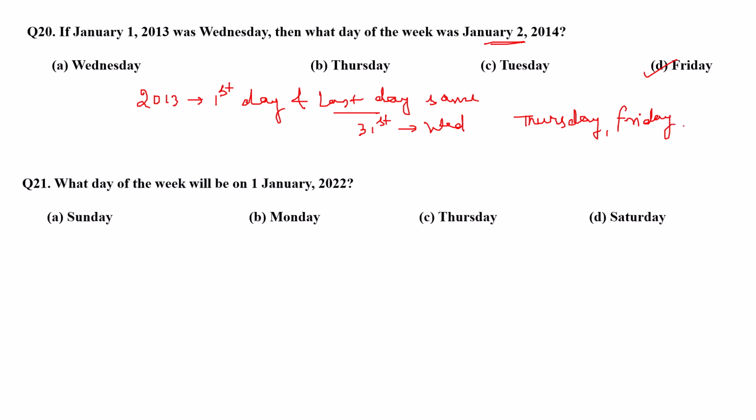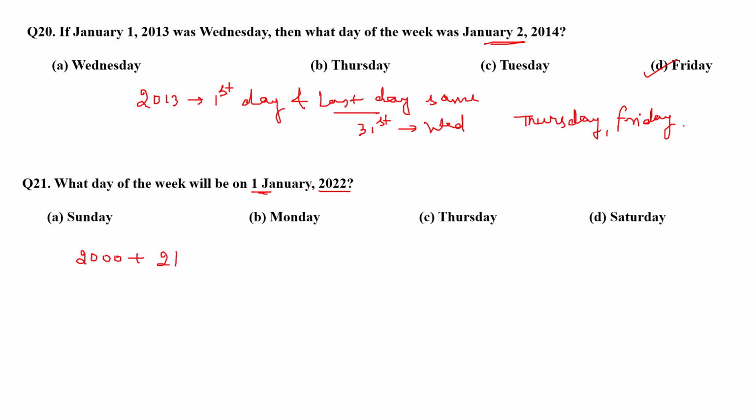Now next question, what day of the week will be on 1st January 2022? To solve this type of question, try to work from the nearest century year. The nearest century year for 2022 will be 2000. In 2000, you have to find for 1st January only, the beginning of January.